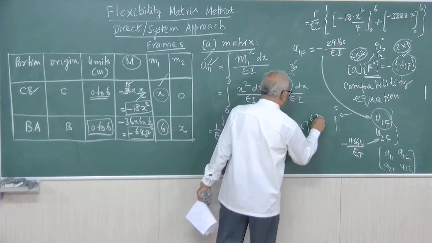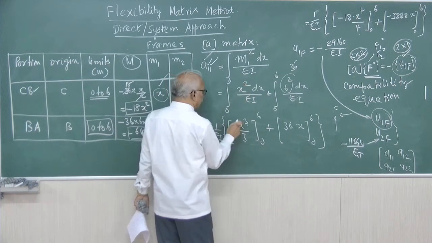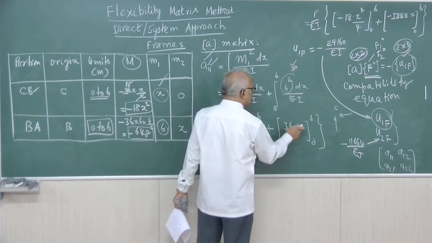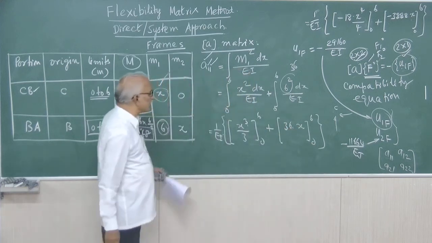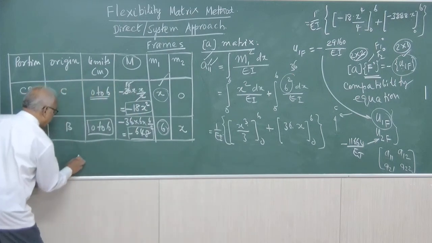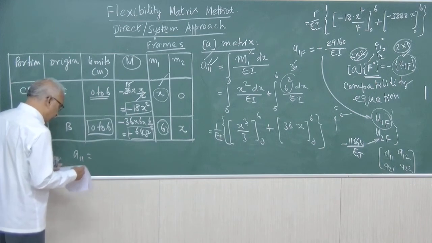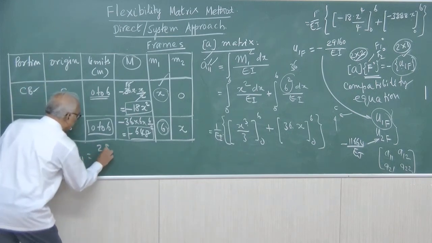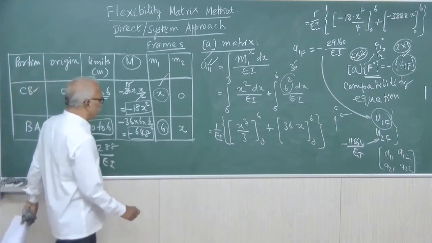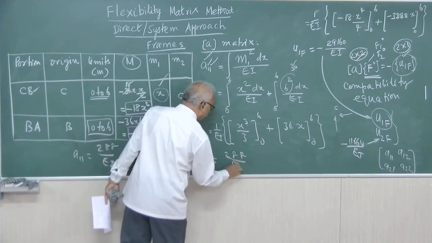We had x square, integrated as x cube by 3, and 36 integrates to 36 into x. Substituting the limits, A11 will be equal to 288 by EI. On simplification, A11 is 288 by EI.